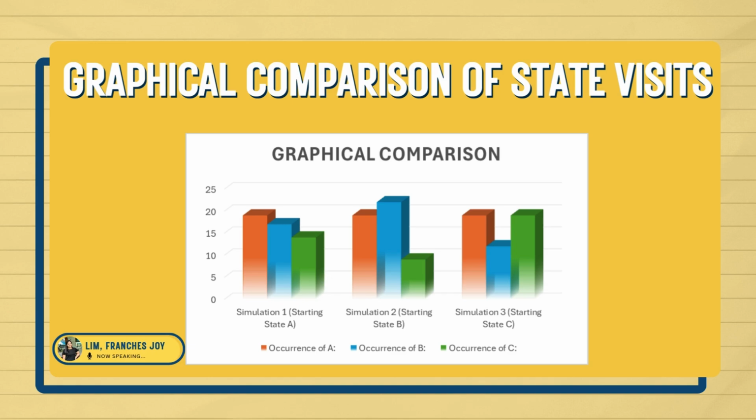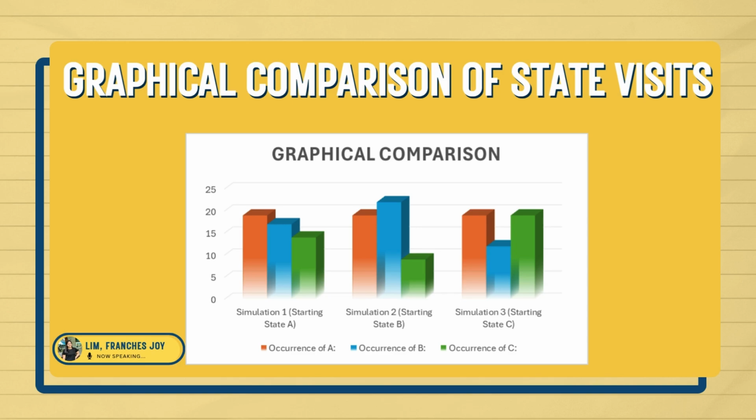The orange bar represents state A's visits, blue represents state B, and green represents state C. The consistent height of the orange bars across all simulations confirms our observation about state A's stability. However, notice how the blue bars for state B are much taller in simulation 2, while the green bars for state C are more prominent in simulation 3.